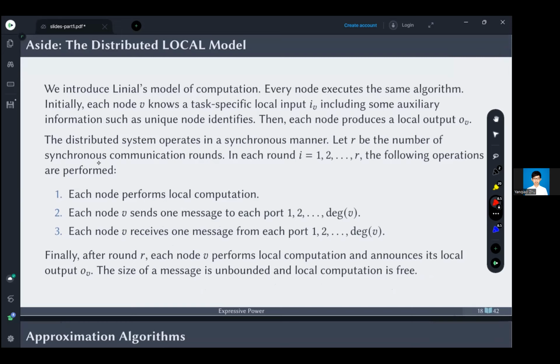These steps are executed in a synchronized manner, which means that after it sends a message, it has to wait until it receives a new message.